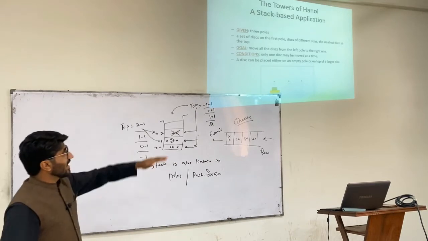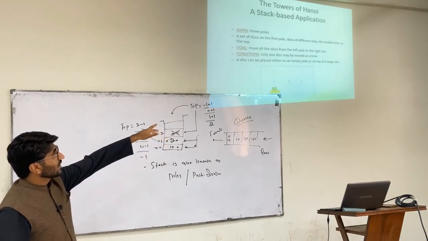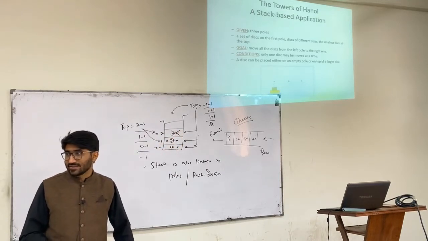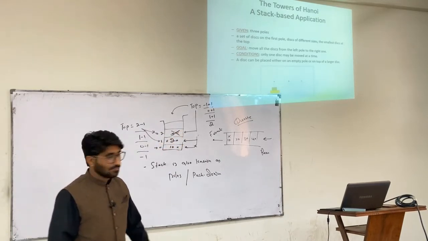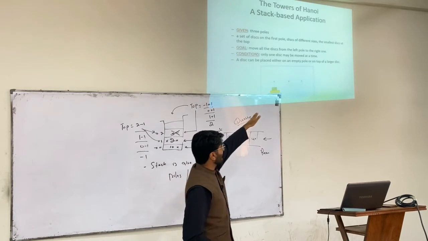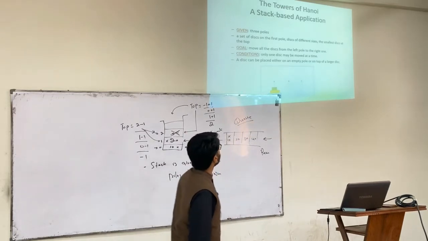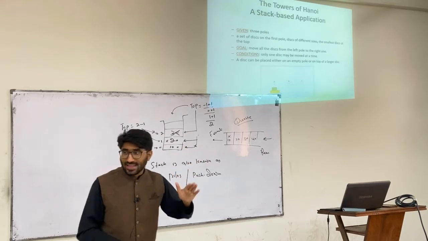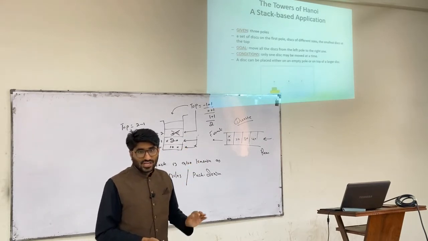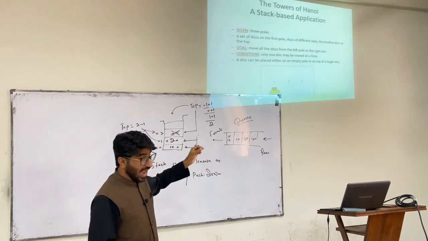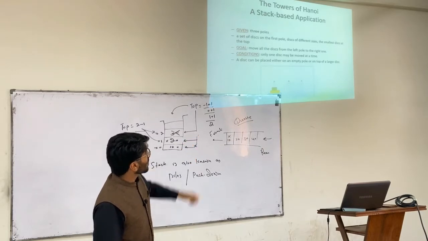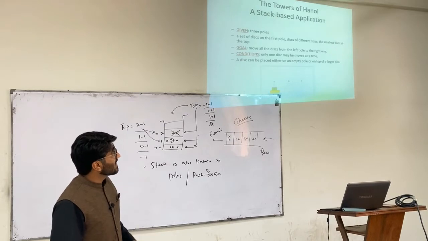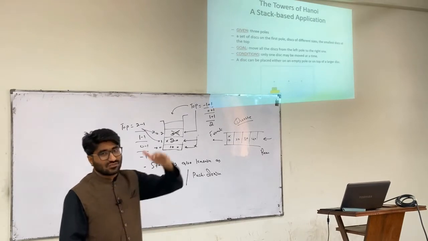So if you can see here in the bottom, there are 3 poles, A, B, and C. Can you see that? A set of disks is on the pole A. So there are 3 disks on the pole A. The disks are of different sizes, with the smallest disk at the top.